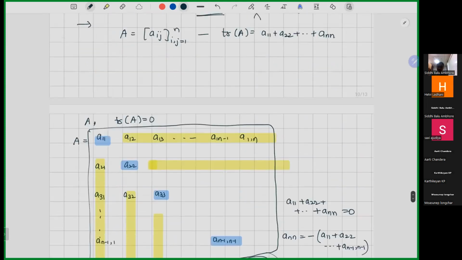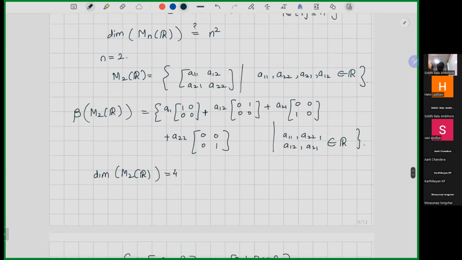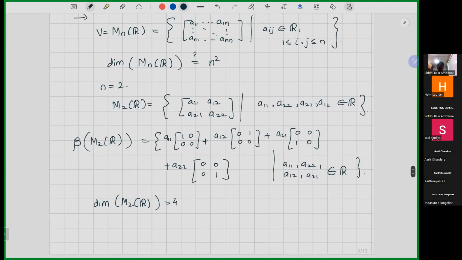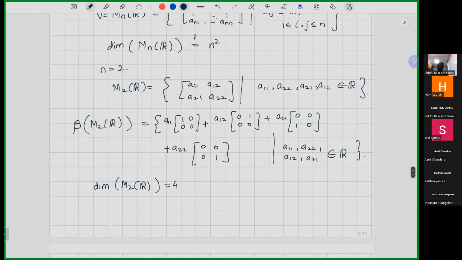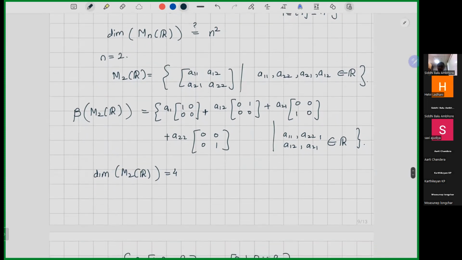Because earlier, when we worked on the first example, every component was giving me one element of the basis. So when I'm saying that only the elements below the diagonal are contributing, it means that the basis element corresponding to this element is contributing to our new basis.